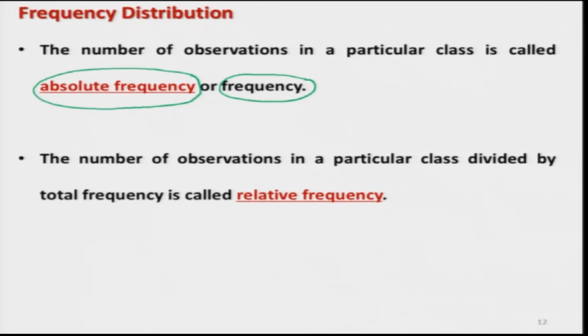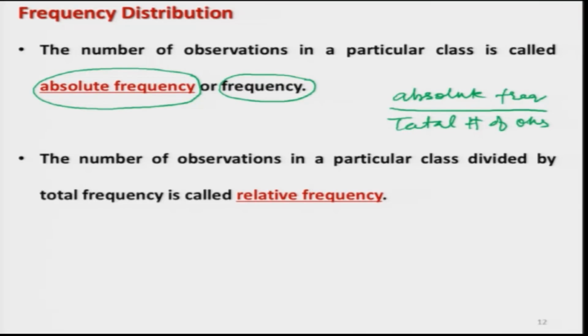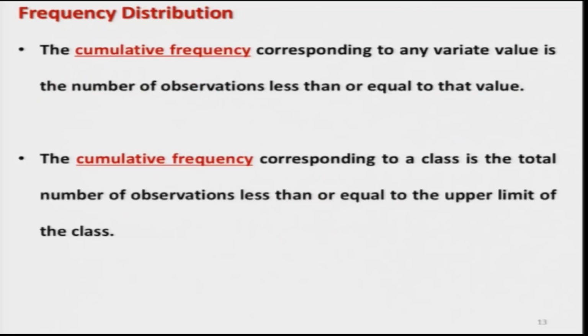And when we divide this absolute frequency by the total number of observations, then this value is called the relative frequency of that class. Now, there is another aspect, which is cumulative frequency. What is the cumulative frequency? As the word suggests, cumulative means you are trying to accumulate, you are trying to add more and more.